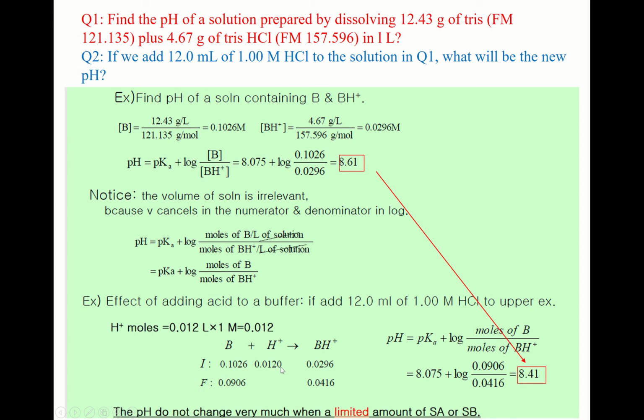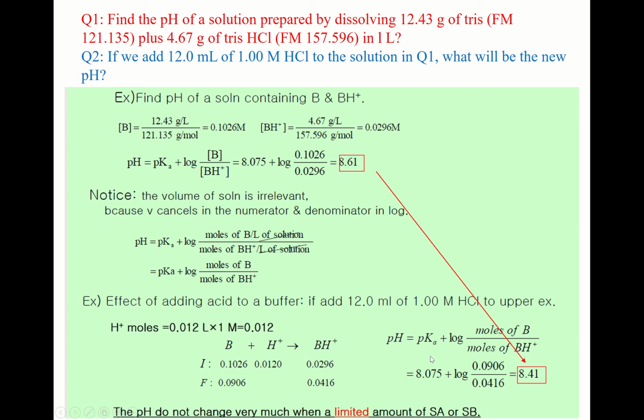You added this one, and as a result, the original moles of BH+ is this one, 0.0296, and after reaction, B is decreased by this amount of proton. So the final amount is 0.0906 for B, and the BH+ amount increases by this amount to 0.0416.